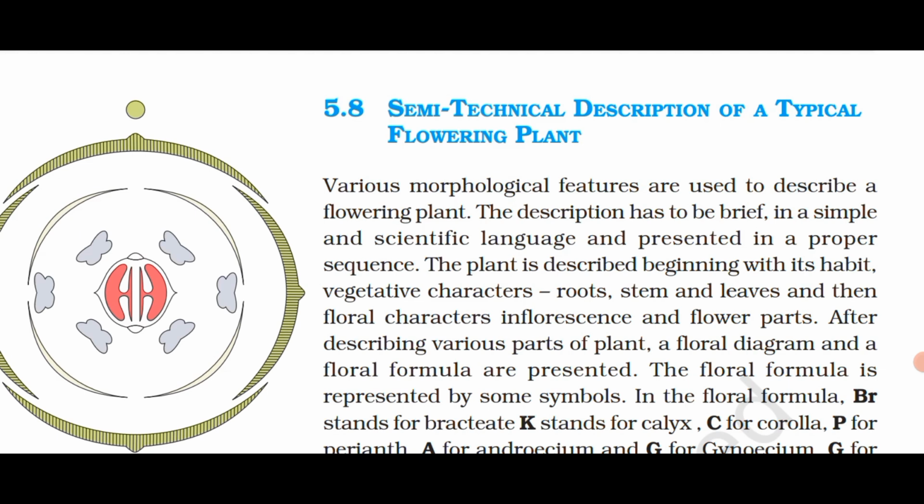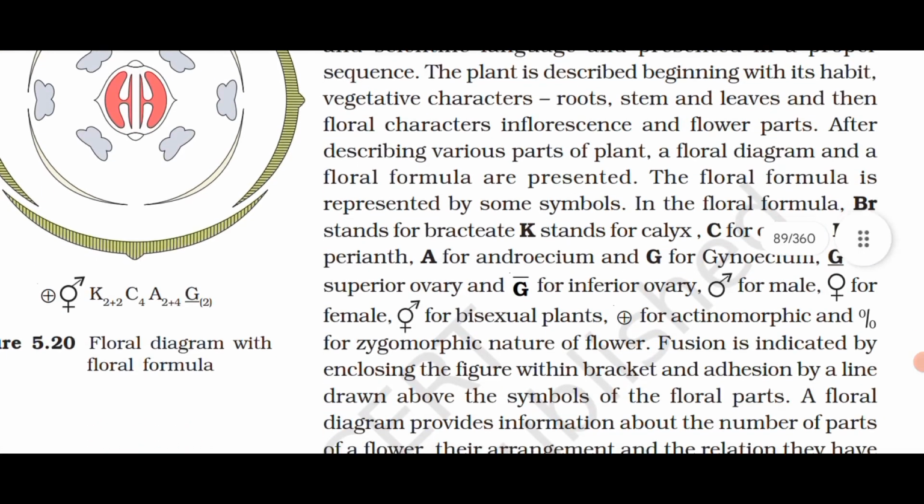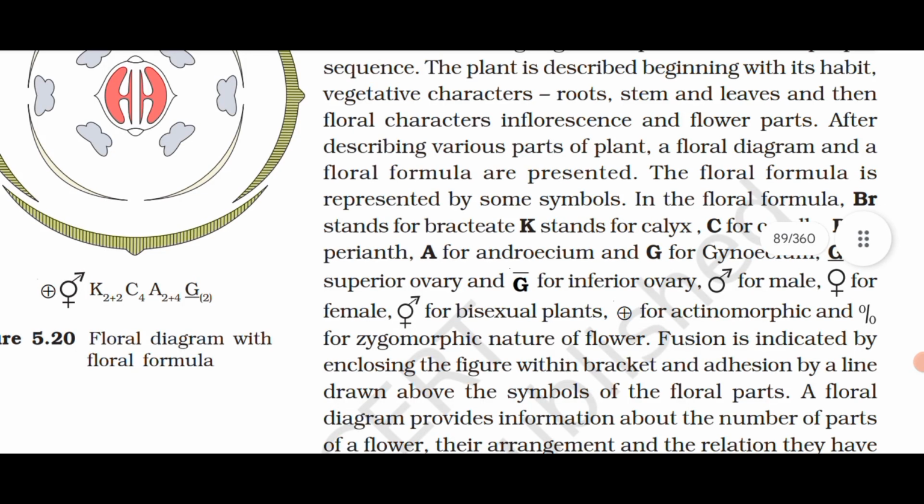After describing various parts of the plant, a floral diagram and a floral formula are presented. The floral formula is represented by some symbols. In the floral formula, Br stands for bracteate, K stands for calyx, C for corolla, P for perianth, A for androecium, and G for gynoecium.